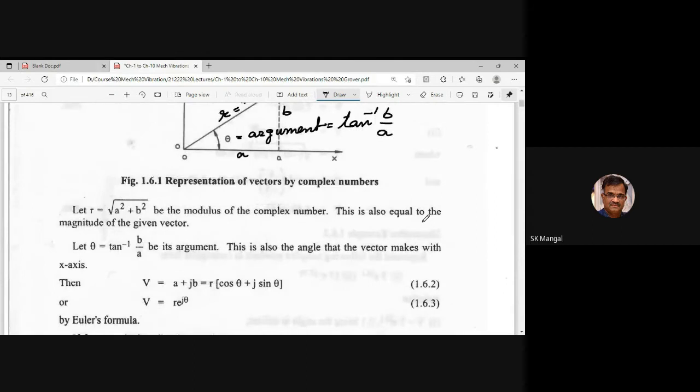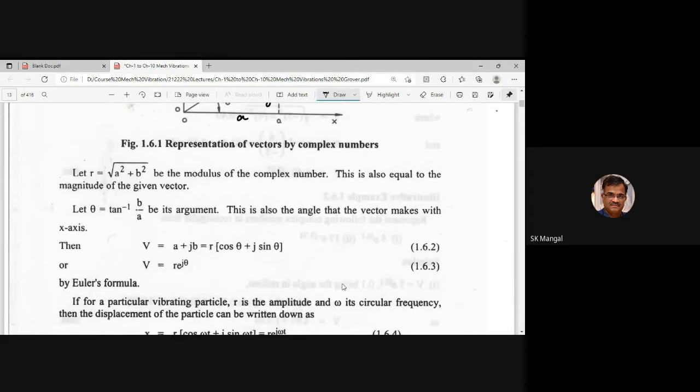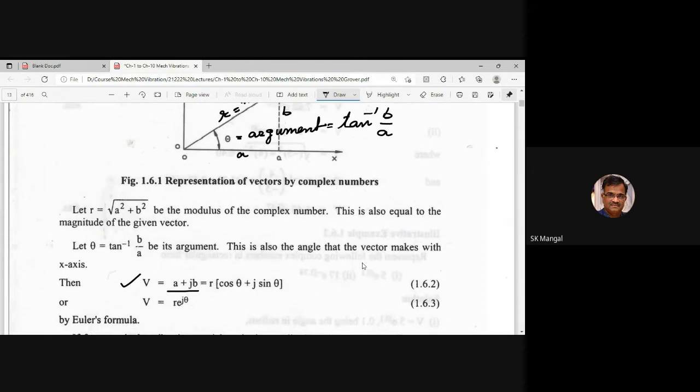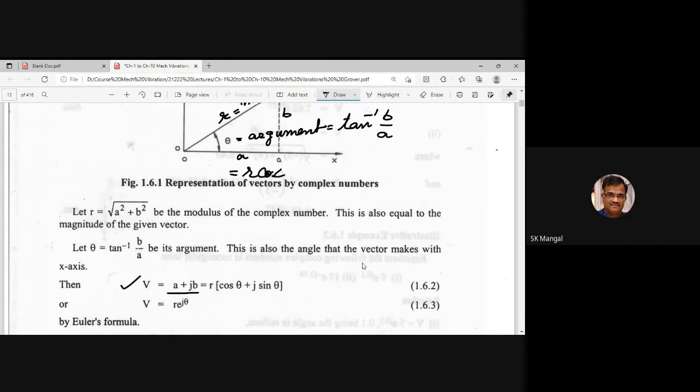So you can write the same vector, which is given by a plus j b, in the argument and modulus form: a will become r cos theta, and b will become r sin theta.